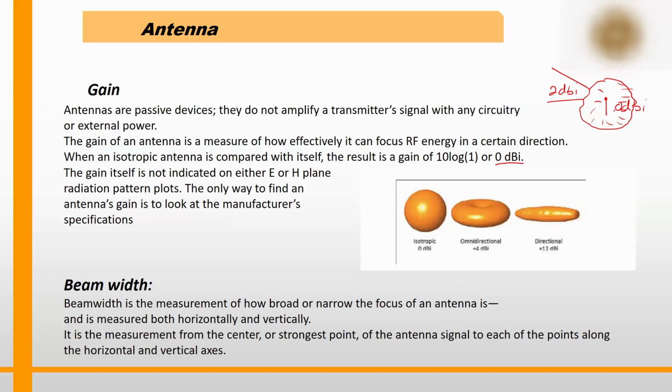It is not practically possible to have an isotropic antenna, but when you focus the energy, instead of indicating 0 dBi, the energy which was supposed to go in all 360-degree directions is getting focused. By that phenomenon, you are going to get some increase in power.